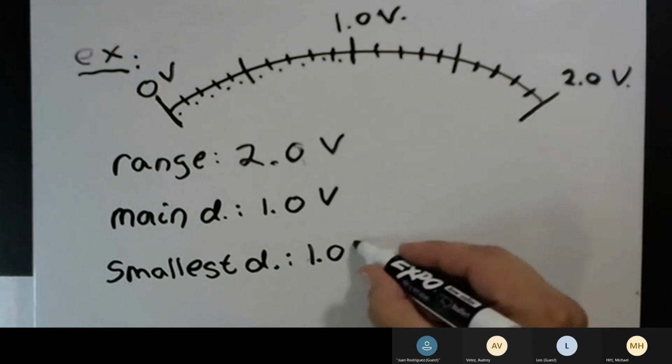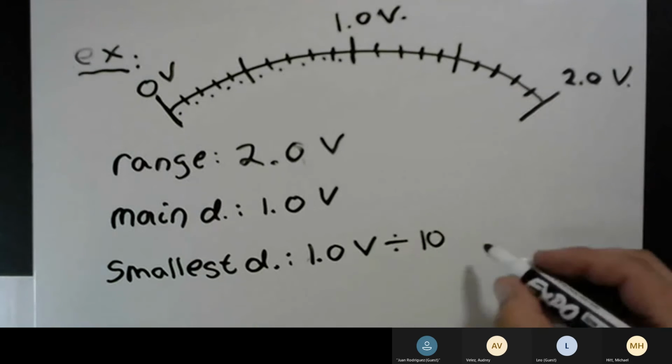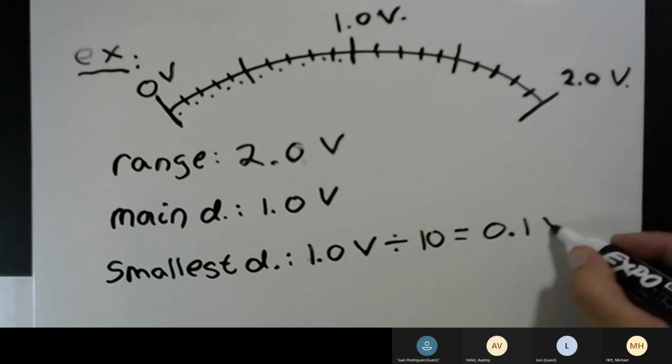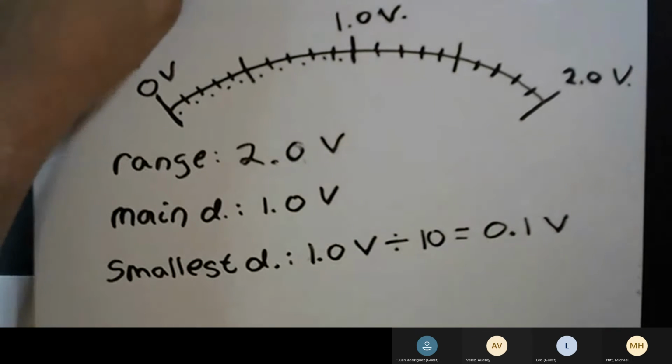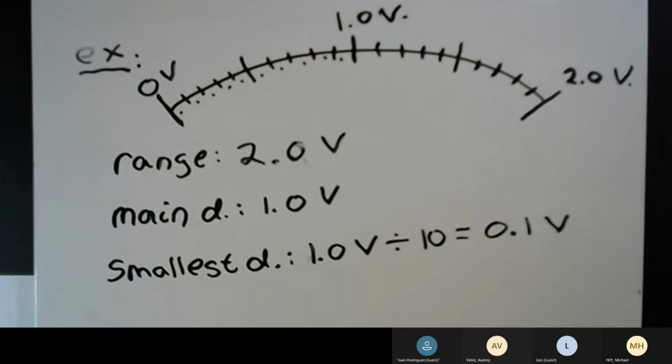So we're going to take the main division divided by the 10 portions. We'll get a tenth, 0.1 volts. So any questions about that?